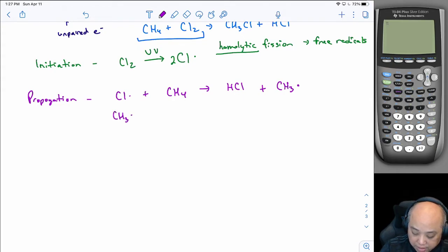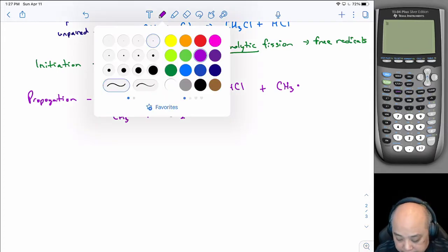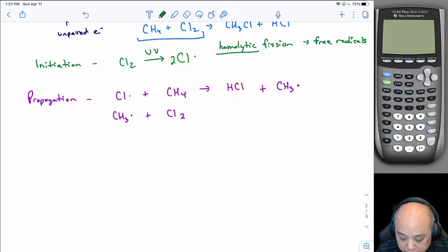But that CH3 free radical will also seek something else out. Now, there's not very much HCl in here, so all there's really left is CH4 and Cl2. If you react the CH3 with the CH4, there's no difference because you just remove an H and swap them. You have to react it with Cl2. And as a note, you want to realize the initiation only makes a small amount of Cl free radical.